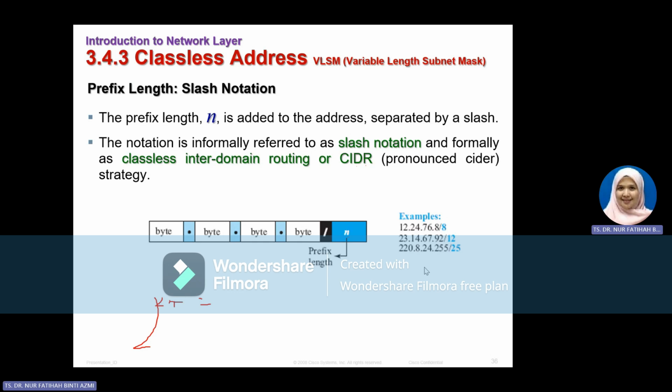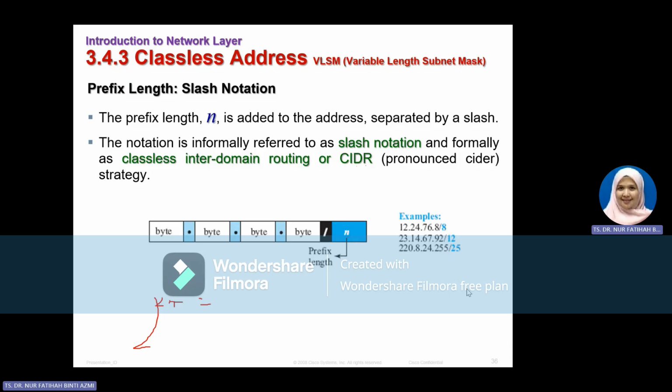Remember, we have a total of 32. 32 minus 12 is equal to 20, so 20 bits are left for the host. 2 to the power of 20 is around 1 million, and that 1 million can be used for the addresses.